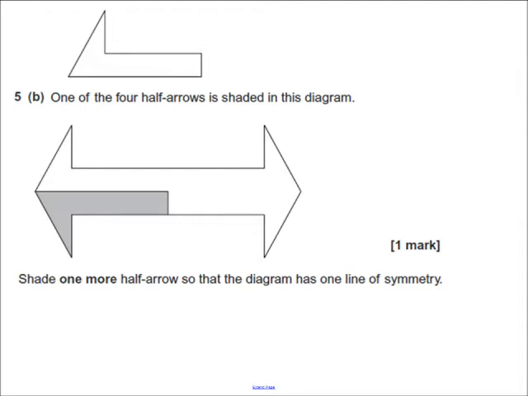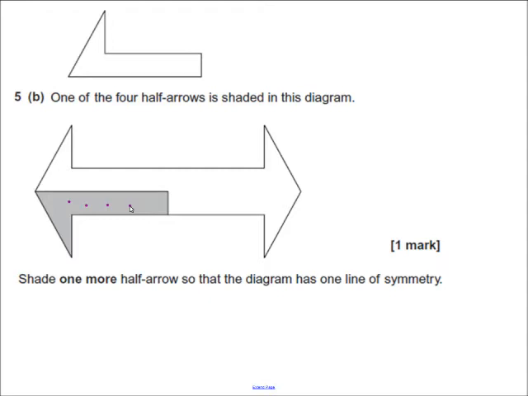Question 5b says one of the 4 half arrows is shaded on this diagram. So here we have a shaded area for one of our half arrows. We need to shade another half arrow so that the diagram has only 1 line of symmetry.